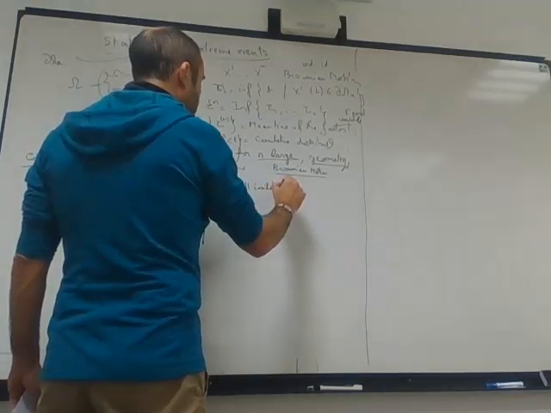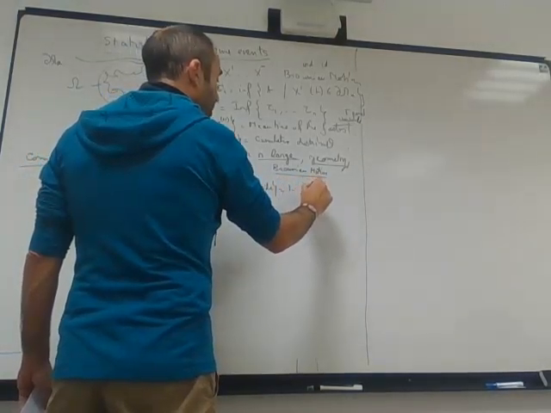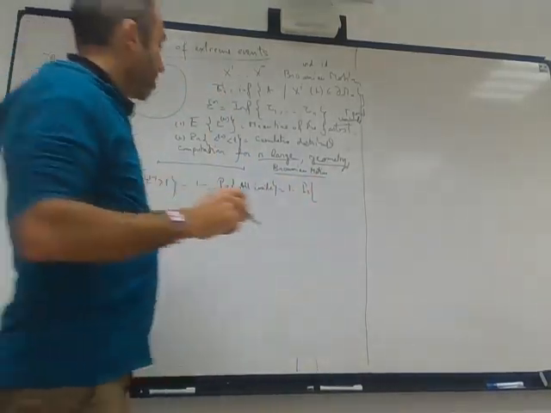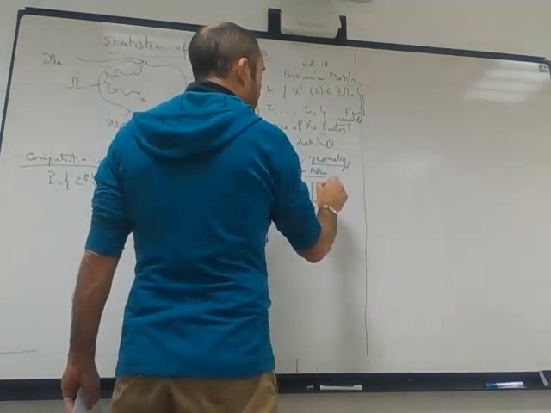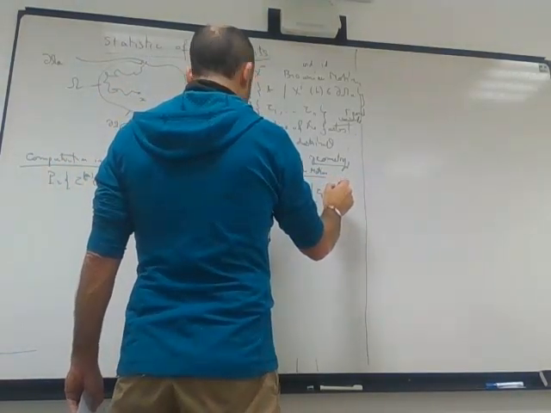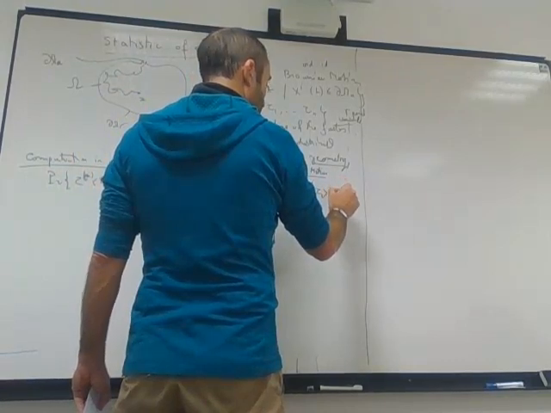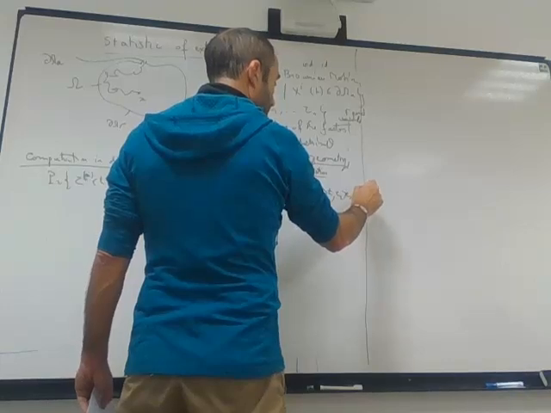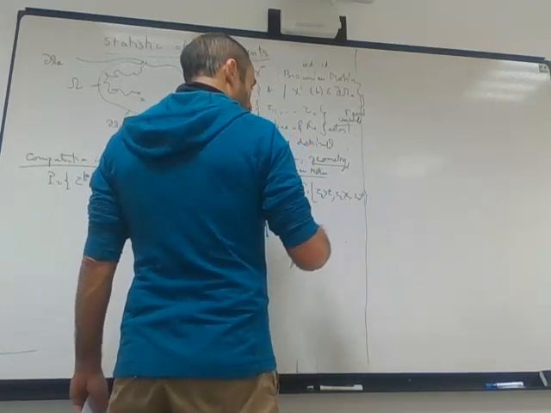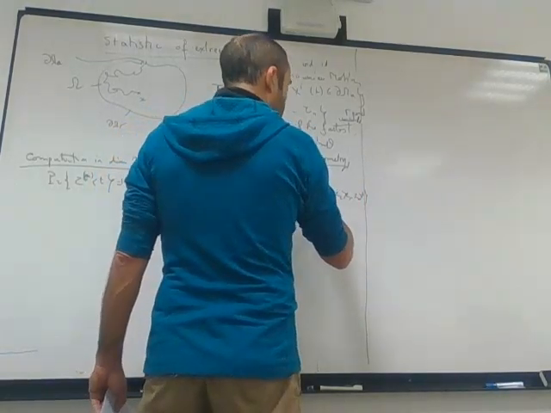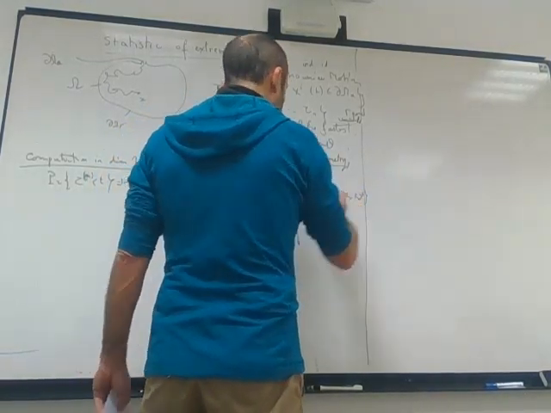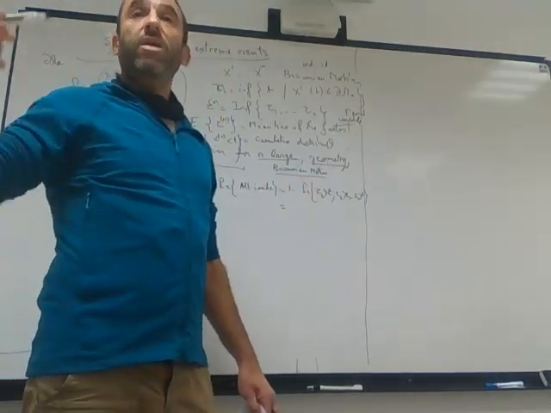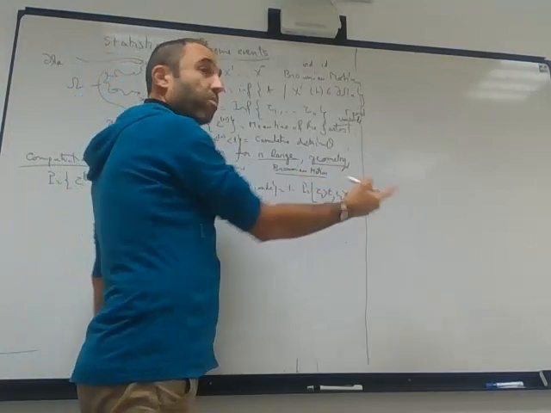And if they are all inside, what can I say about tau_i? That tau_1 is still inside, tau_2 is still inside, and so on, tau_n is still inside. So the probability of this being inside, and this being inside, and this being inside, by the law of probability, because they are independent, is just the product.